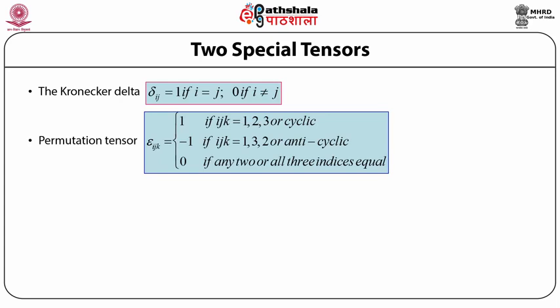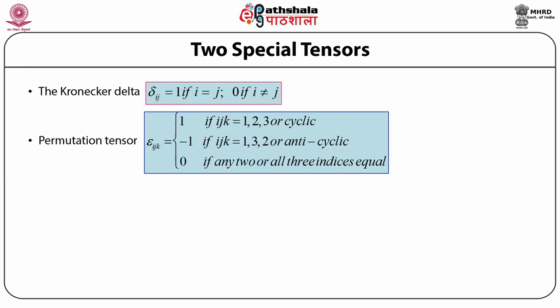So from the above discussion, one can conclude that the permutation tensor epsilon subscript i j k is equal to epsilon subscript j k i, which is equal to epsilon subscript k i j.